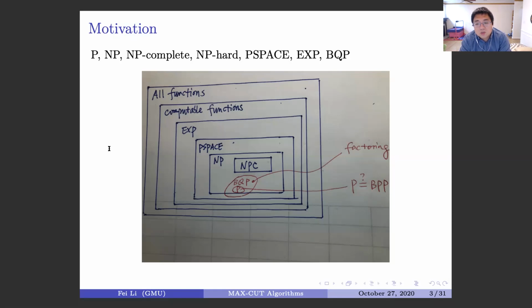If we do not want to do that, then we need to think about whether BQP problems, meaning quantum computers, could be used to design approximation algorithms.